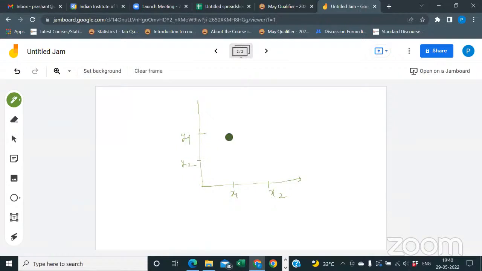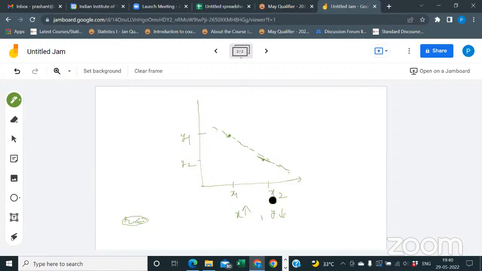Then y1 x1 is here and y2 x2 will be here. So what will be the line? It is going to decrease. Your correlation is negative when your x increases and y is decreasing.